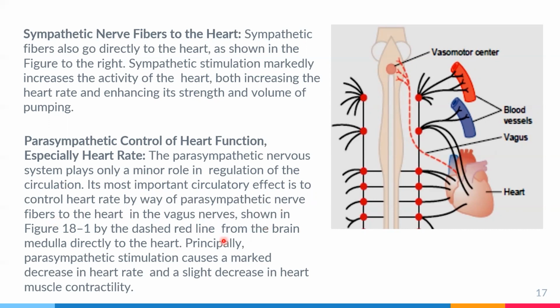As shown in the figure, the dashed red line from the brain medulla directly to the heart is principally the major source of control from the parasympathetic nervous system to the heart rate. Parasympathetic stimulation causes a marked decrease in heart rate and a slight decrease in heart muscle contractility.